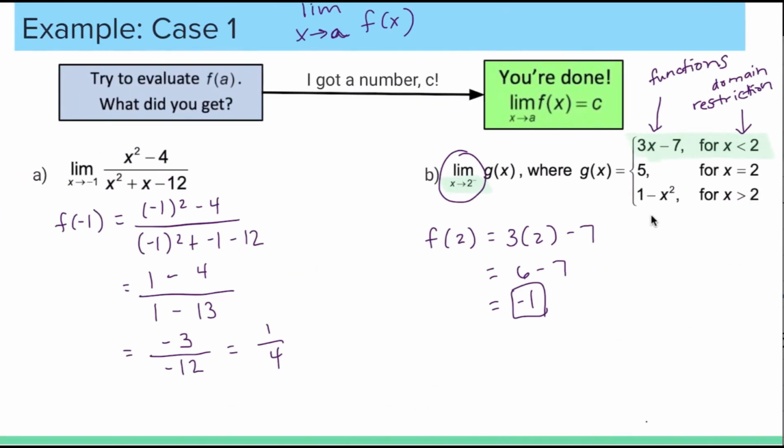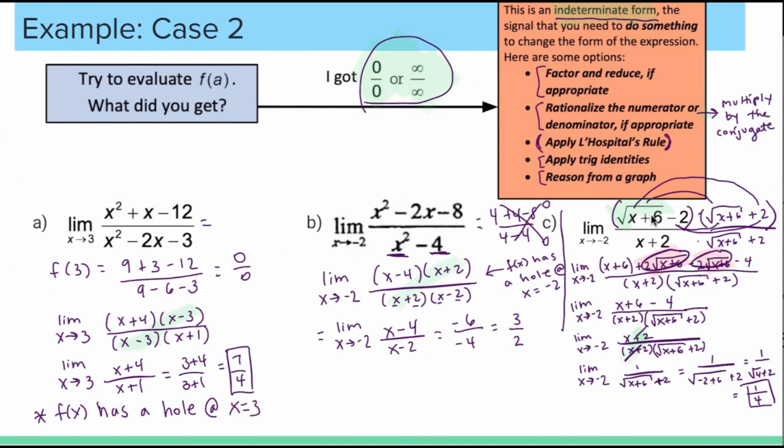So just reviewing the different scenarios you might see in your homework. You might have the opportunity to just plug in the value and it works. This is what happens when the function is nice and continuous. So you might want to make a little note: continuous at the point. That's what it looks like graphically. Or in case 2, you might have a hole at the point.